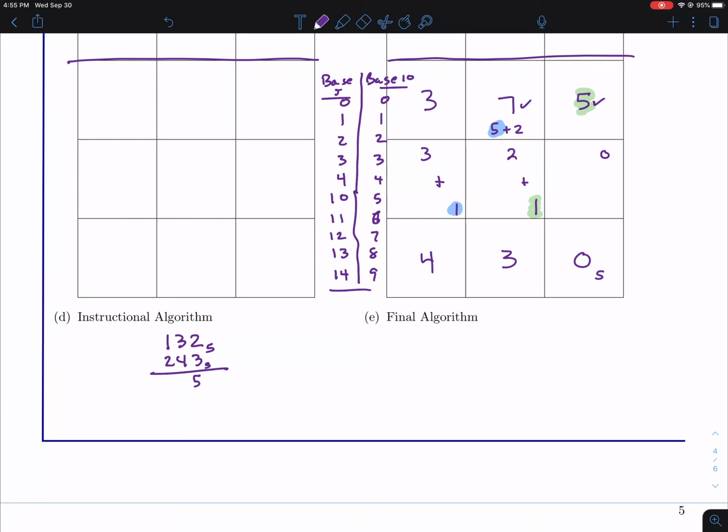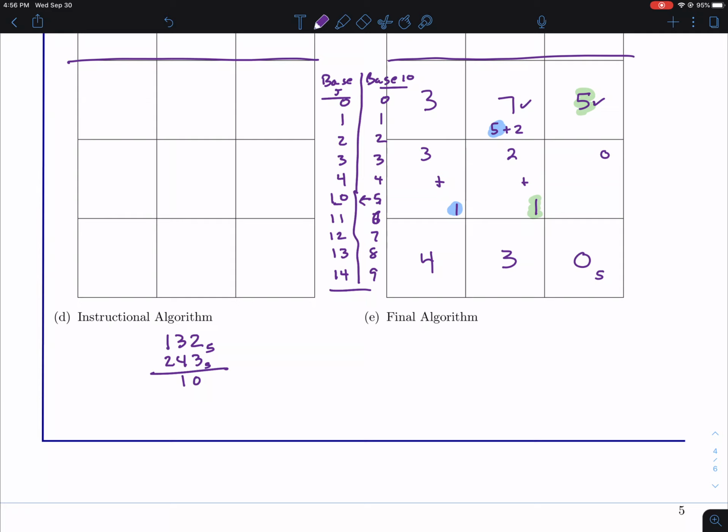So the addition we're doing is a base 10 addition, but we want our answer in base 5. Since I added 3 plus 2 and got 5 base 10, my answer would actually be 10, so I would write the 10, 0. Again, I'm lining up the 5s columns and the 25s columns, just like we did with the instructional algorithm.